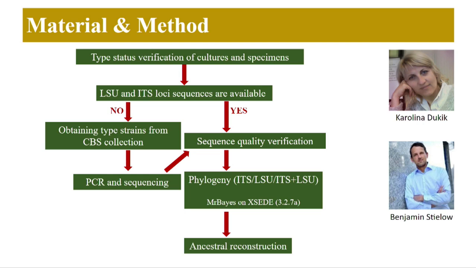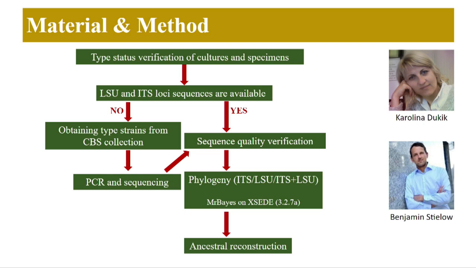And if there was no data, we checked the CBS collection. And when it's possible, we obtained the strains and performed the PCR and sequencing. And if there was already an available sequence, then we checked their quality and included them in the phylogeny and ancestral reconstruction analysis.